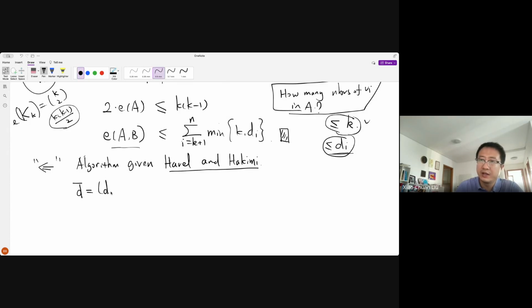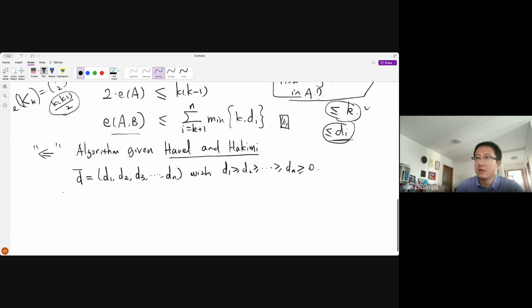Only a decreasing non-negative integer sequence, with D1 greater or equal than D2 greater or equal than, etc., greater or equal than Dn.